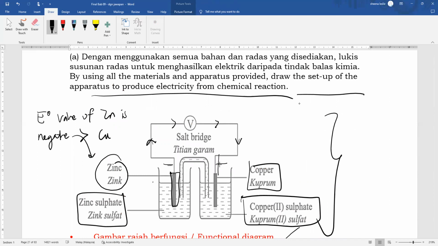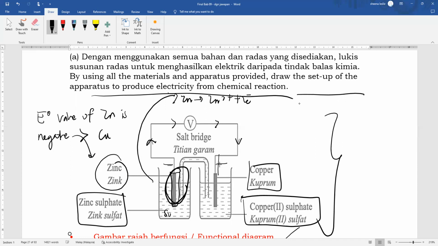In a voltaic cell, at the anode, anions always go to the anode. I still have SO4 2 minus here and OH minus here, but I'm not going to choose them. In the anode of a voltaic cell, forever and ever, the metal is what is important.